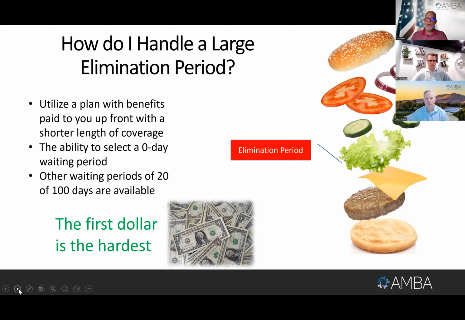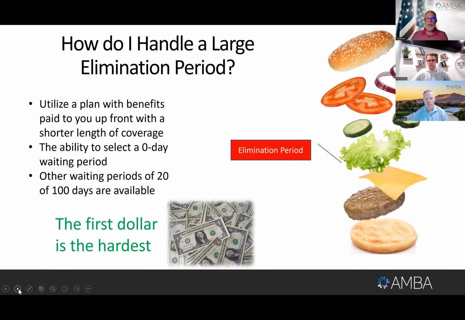The longer that elimination period, the less expensive the long-term care policy is. But then you find out that first dollar is really hard because you've got to find out, where am I going to find $15,000, $20,000 to pay for the first 2 or 3 months of care for my mother, for myself, something like that.